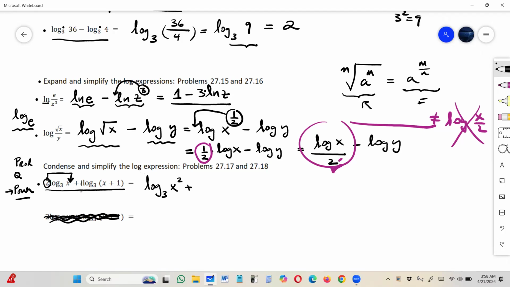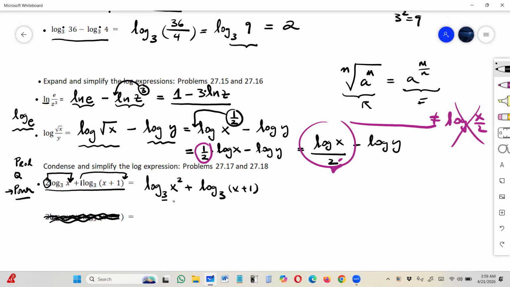There's just a 1 in front of the log there, so that stays there because moving that 1 here is just the same x plus 1. So that would just be log base 3 of x plus 1. Okay. Now, at this point, you have to check to see if you can apply the product rule.